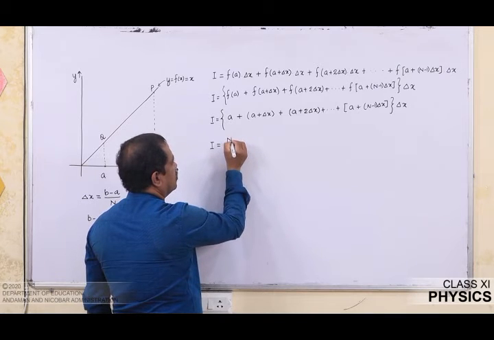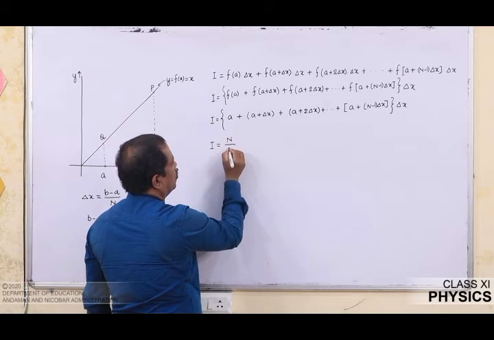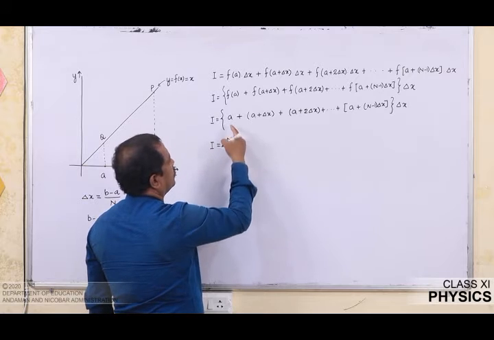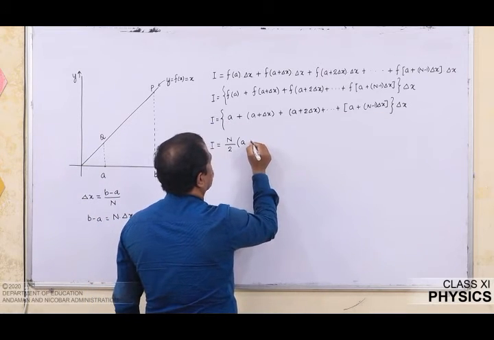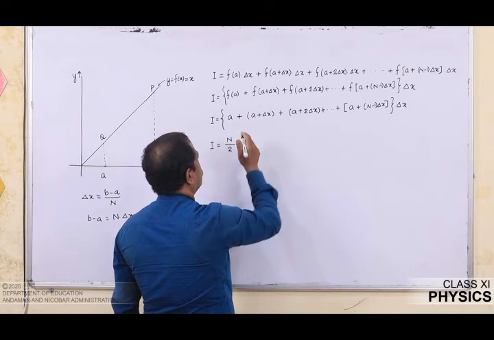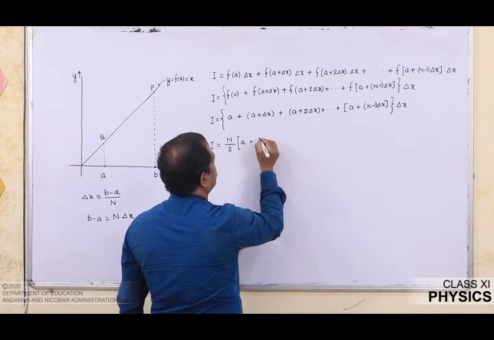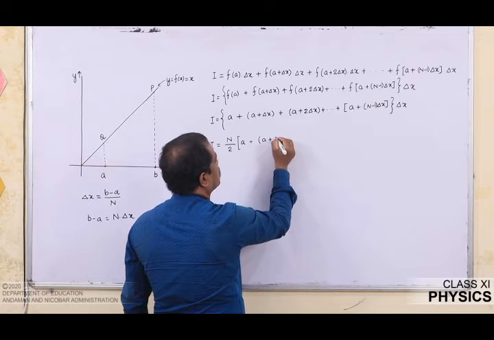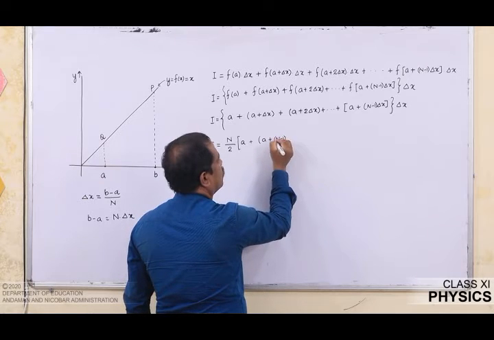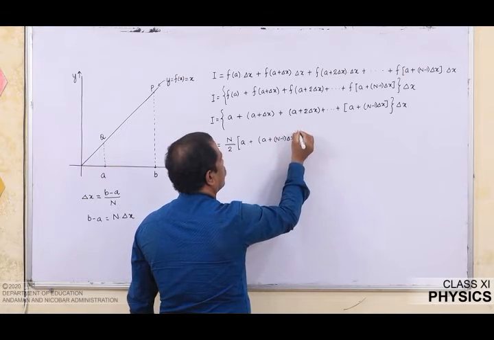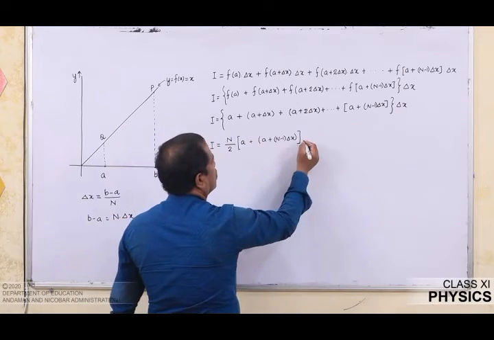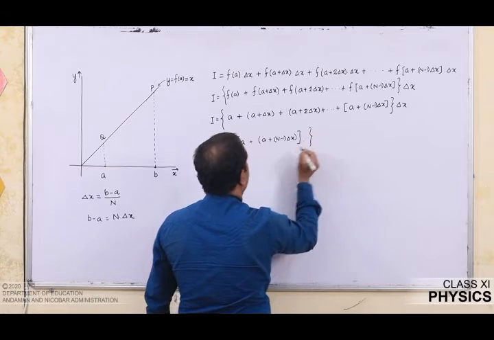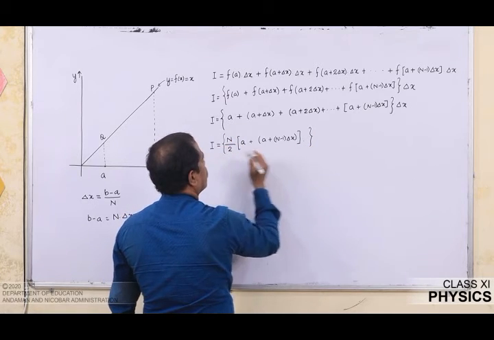So, number of terms over 2, times the sum of the first term, which is a, and the last term, which is a plus n minus 1 into delta x, times this delta x.